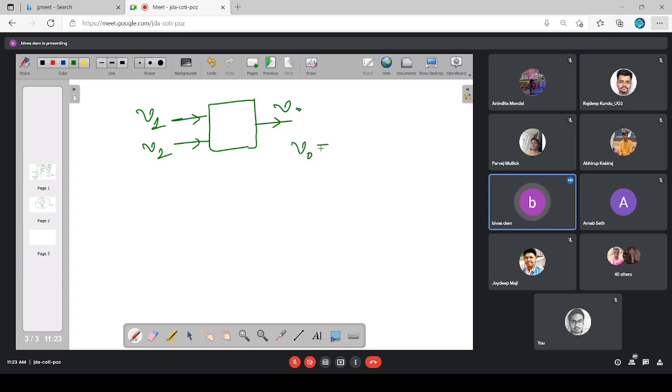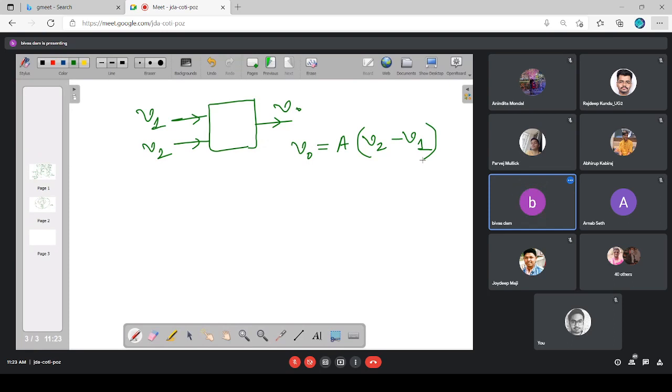This output is proportional to the input difference. That is the basic operation of any difference amplifier. The output should be proportional to the input difference voltage. There will be two input signal sources. There will be only one output, and the output will be proportional to the difference between the two input voltages.